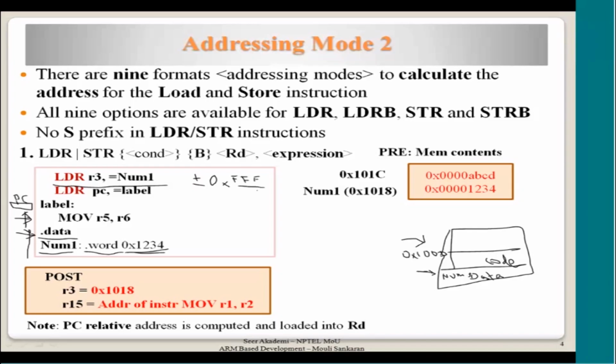So 12 bits is reserved for the immediate offset in the instruction. So I can mention this much value in the instruction itself using just 12 bits, to generate any address which is within the range of the current PC value.